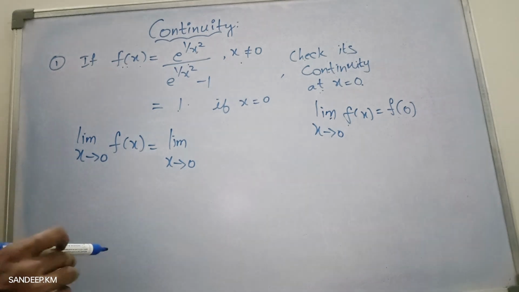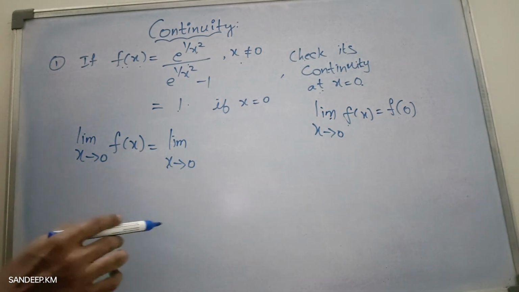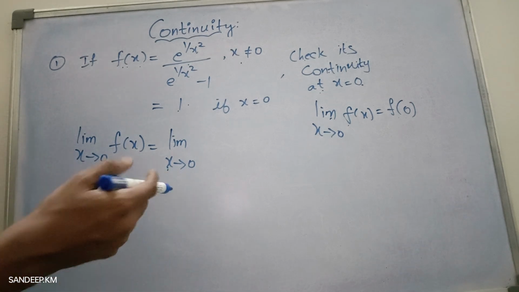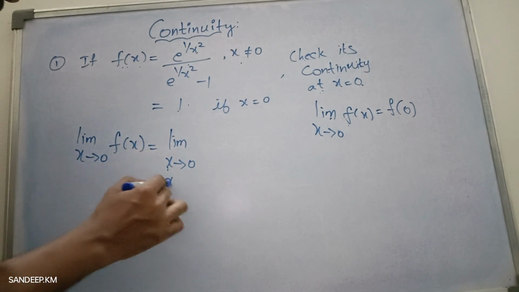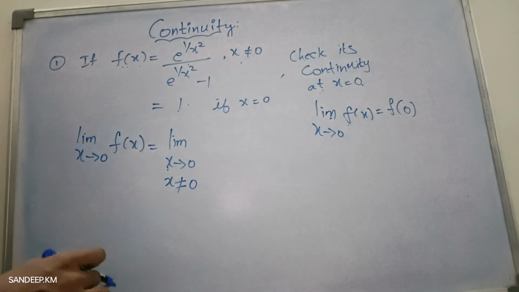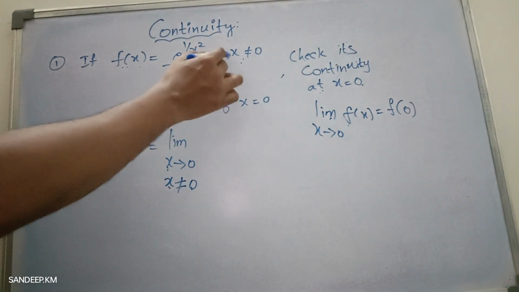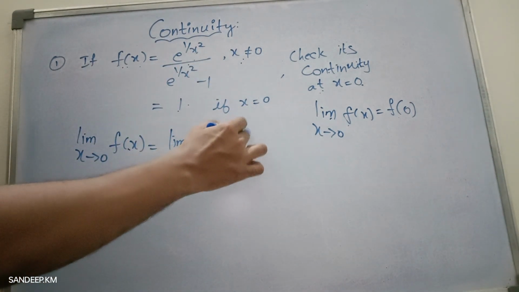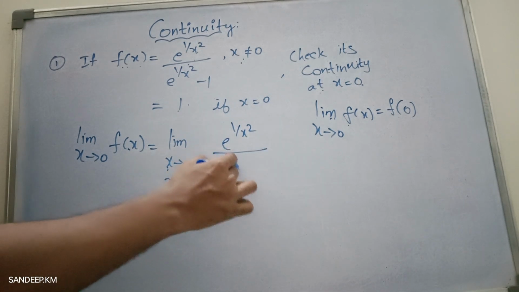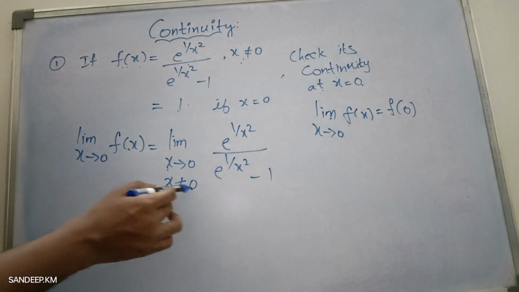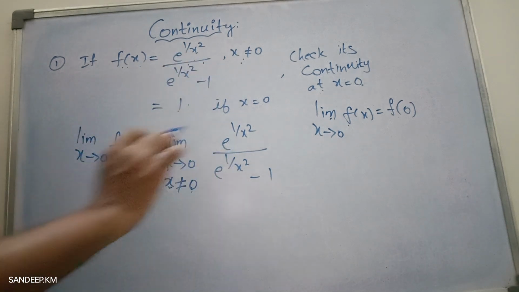These are our basics. x is only approaching 0. x is not exactly 0. x is approaching 0 means x is near to 0. But remember that x is not equal to 0. Okay. Since your input is not equal to 0, instead of f of x, I will write e power 1 by x square divided by e power 1 by x square minus 1. Okay, now since your input is not exactly 0, I will take this particular function.